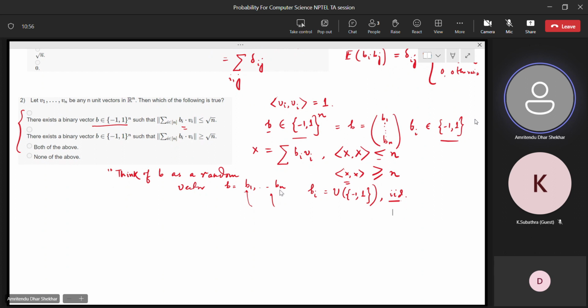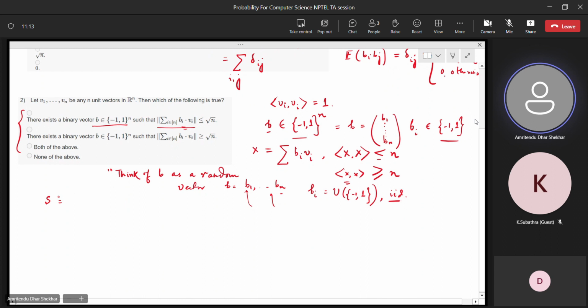Right. Now consider this random variable S, where S is basically equal to the square of this norm.